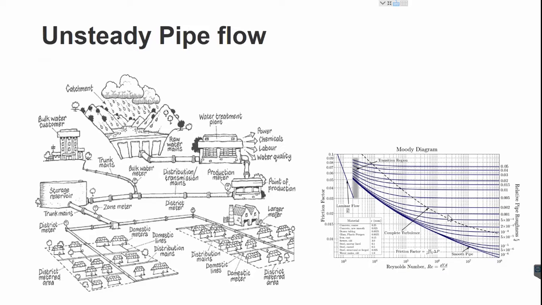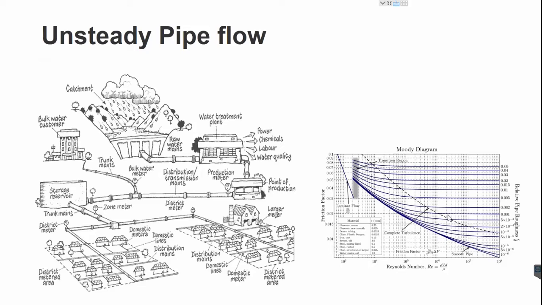However, if we really think about it, most flows in industry are not steady. Usually they are unsteady because we have pumps or we have valves which are opening, closing, pumps starting up, pumps shut down, or modulation in the velocity of the pump.